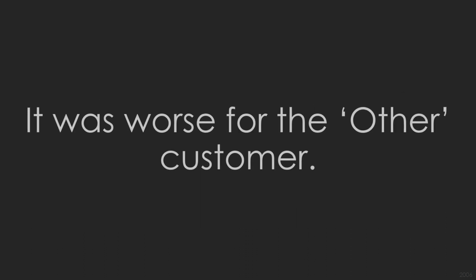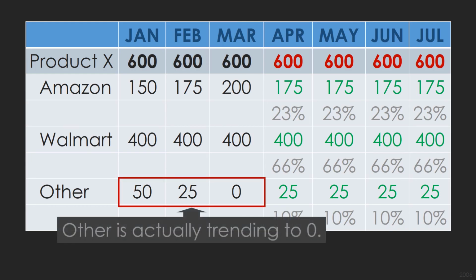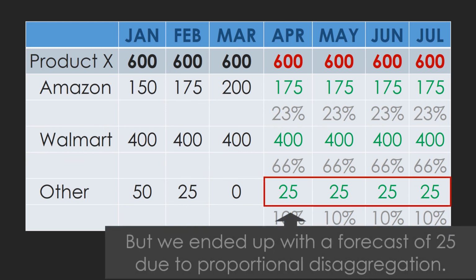It was worse for the other customer. Other is actually trending to 0. But we ended up with a forecast of 25 due to proportional disaggregation.